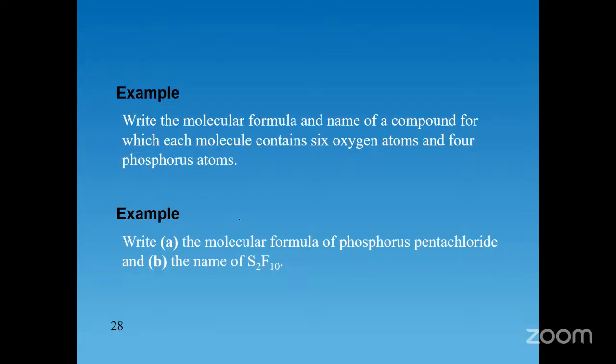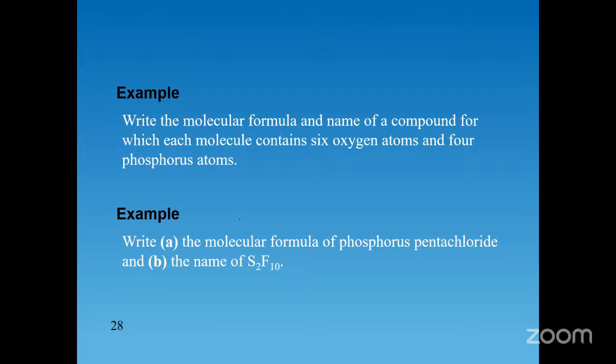Which one is further down in the periodic table and to the left? Is it the phosphorus or the oxygen? It's the phosphorus. Okay, very good.